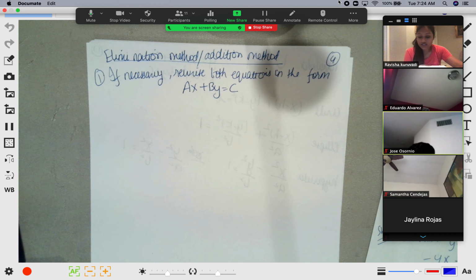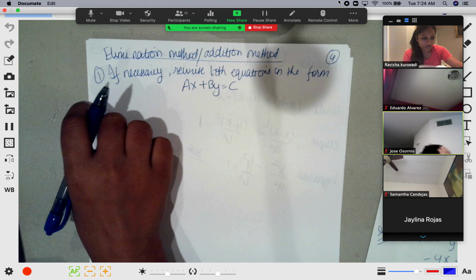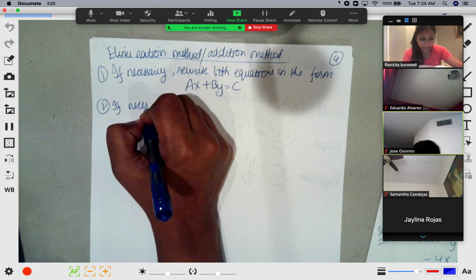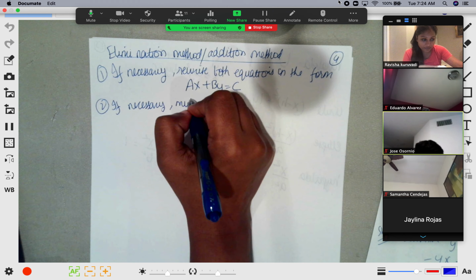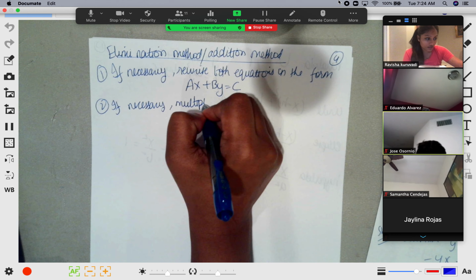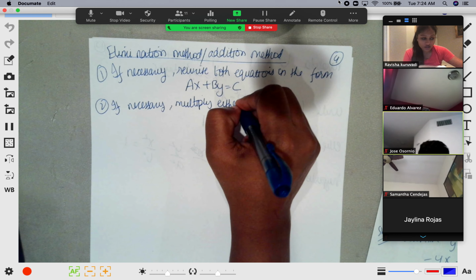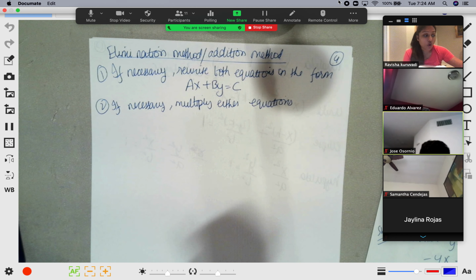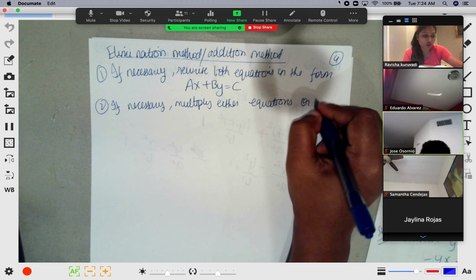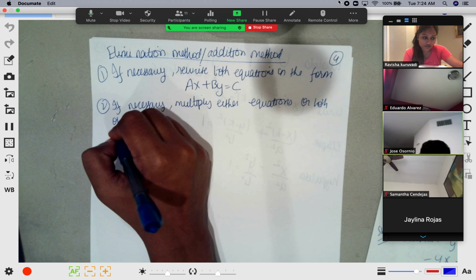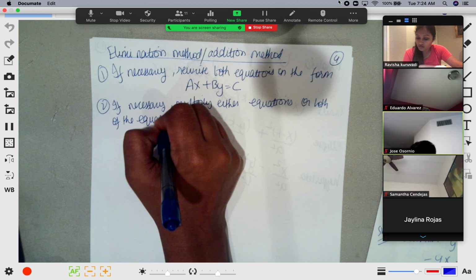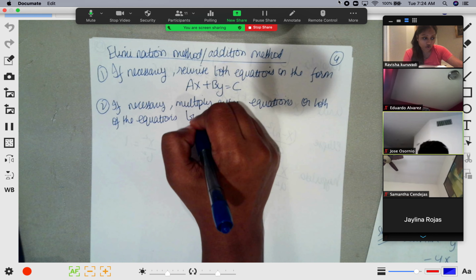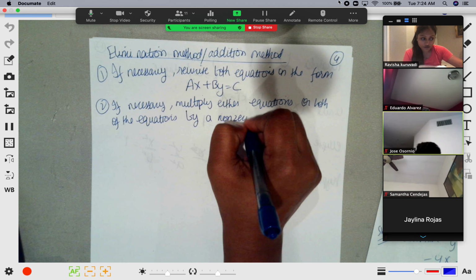Okay. Step 2 is, if necessary, multiply either equation, so you can multiply one of the equations or both of the equations by a non-zero number.